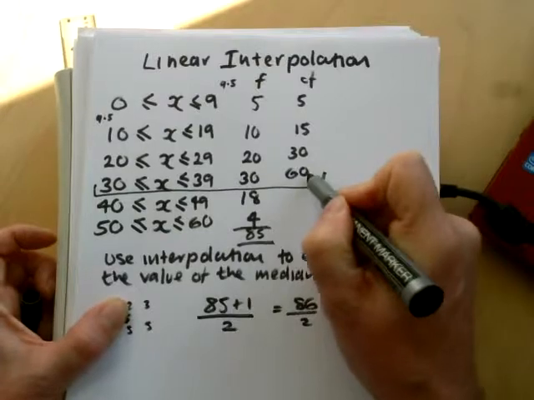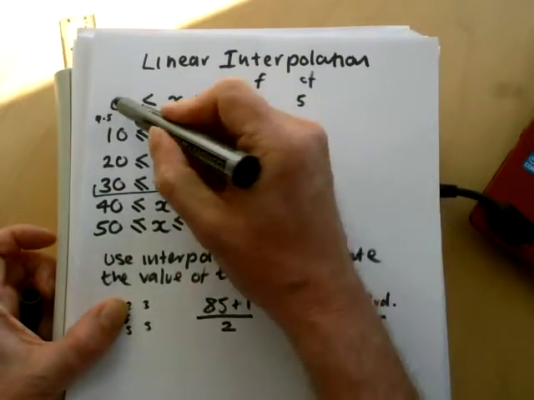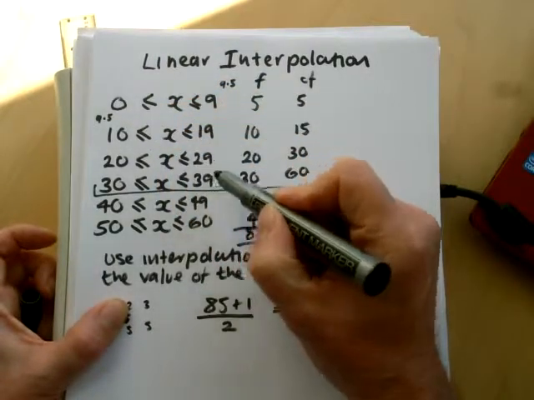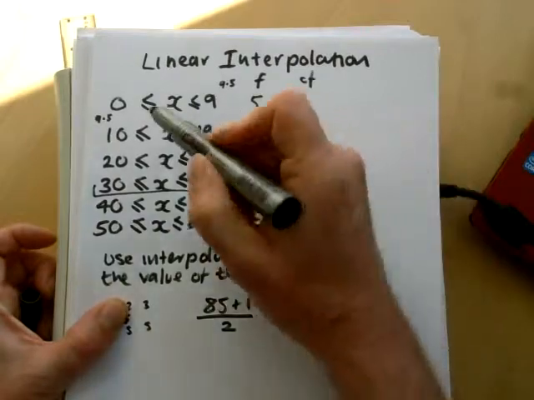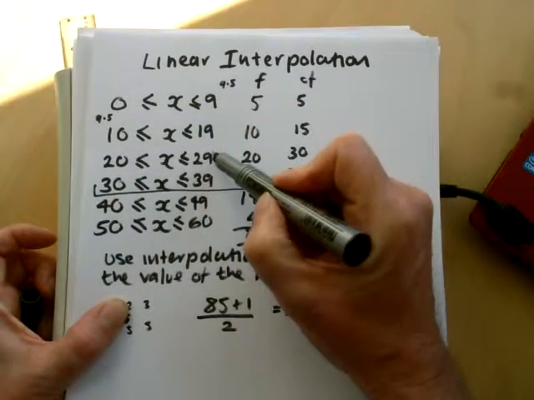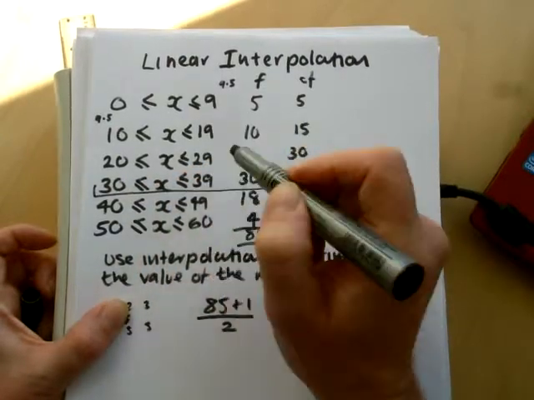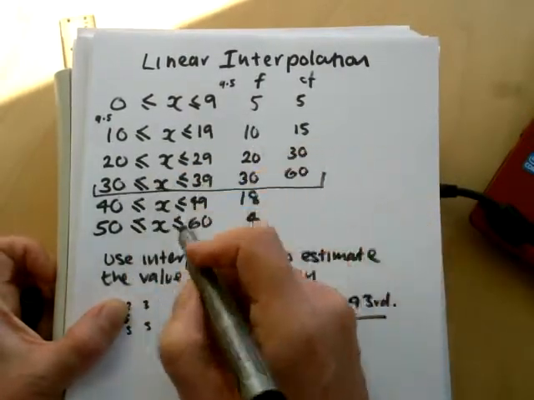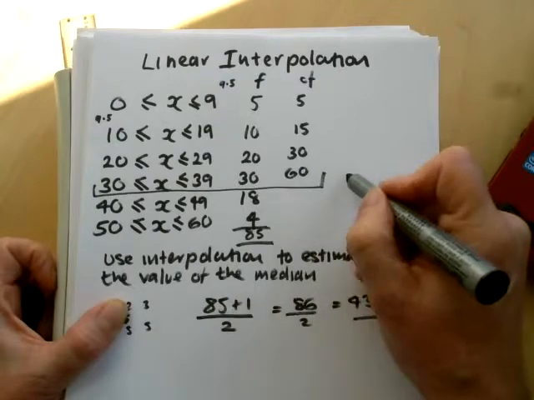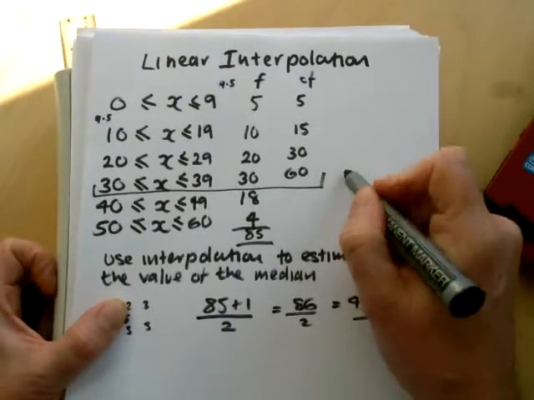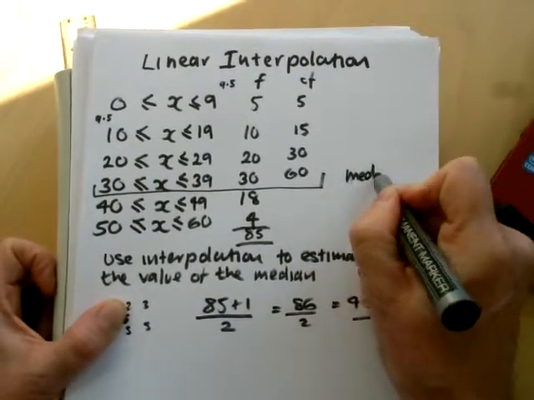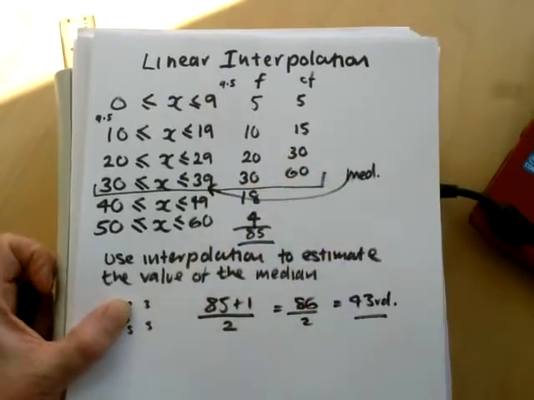This tells us there are 65 scores between 0 and 39. There were 35 scores between 0 and 29. So our 43rd score is in this interval. So we now know the median lies in this interval, somewhere in there.